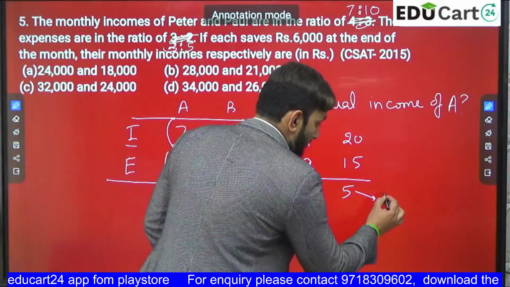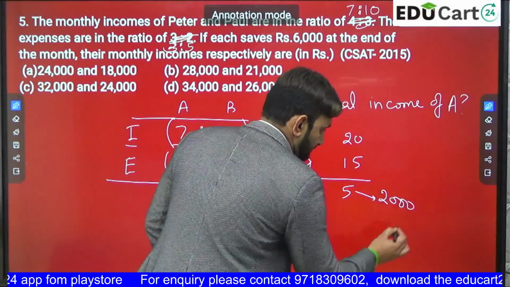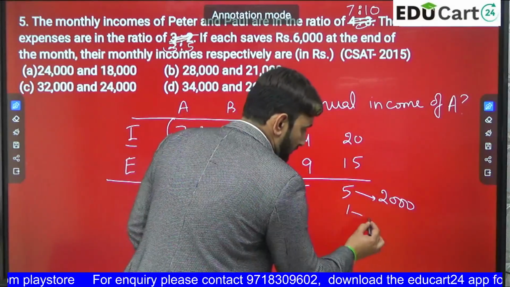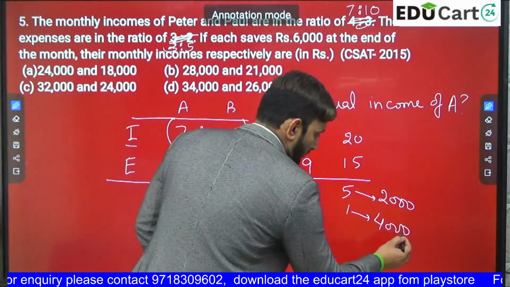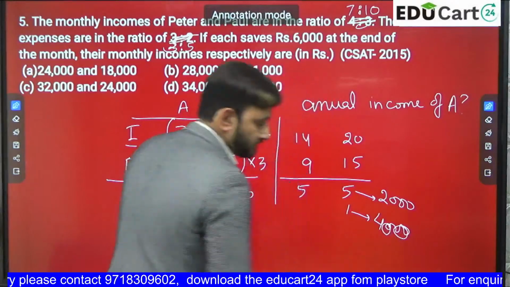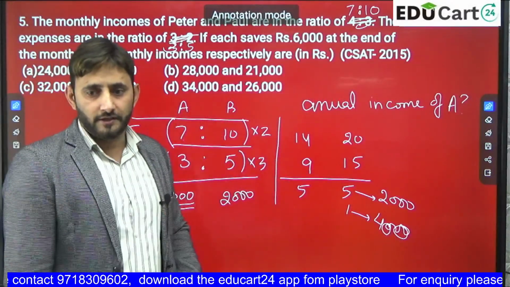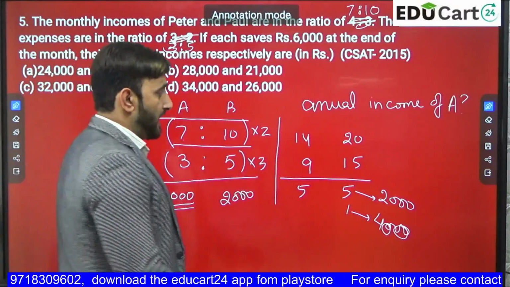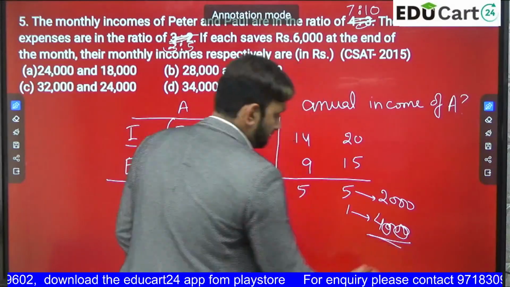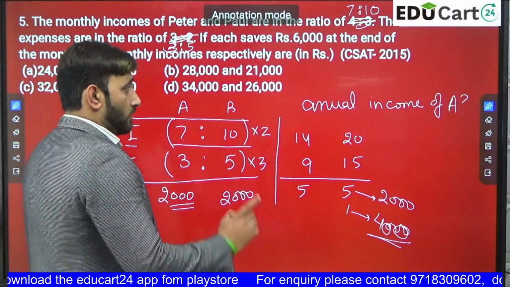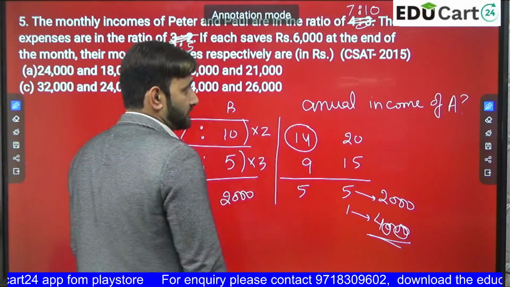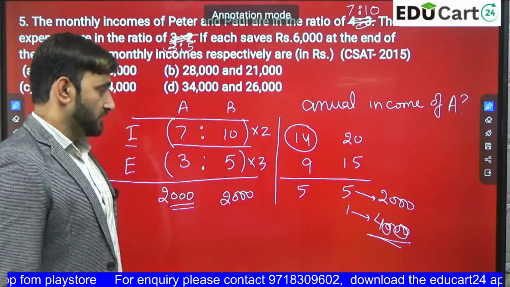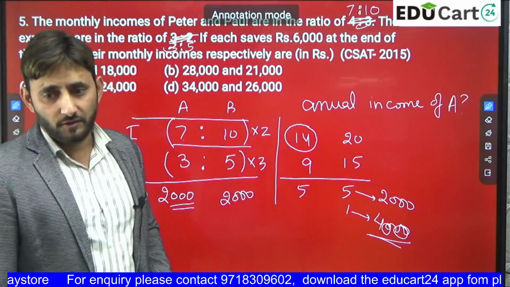So 5 parts is 2,000. So can I say one part will be 400? One part will be 400. If one part is 400, then what will be the income of A? 5,600. Say yes or no?